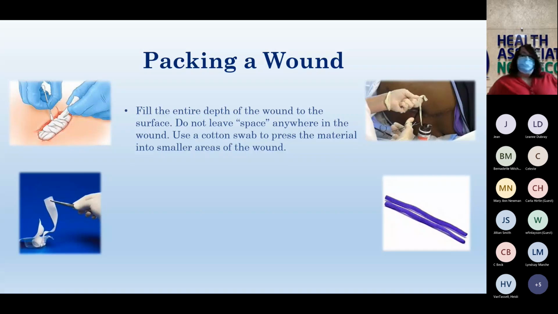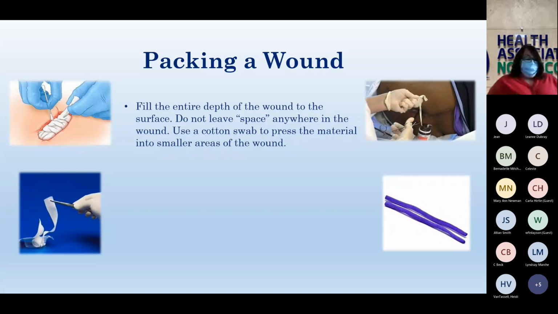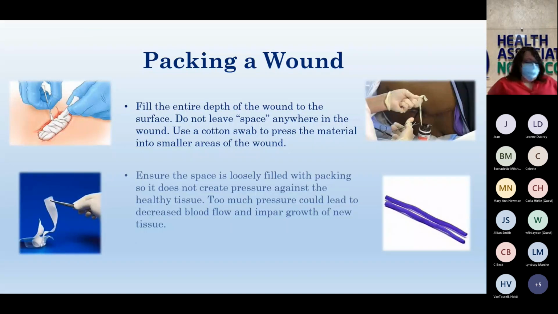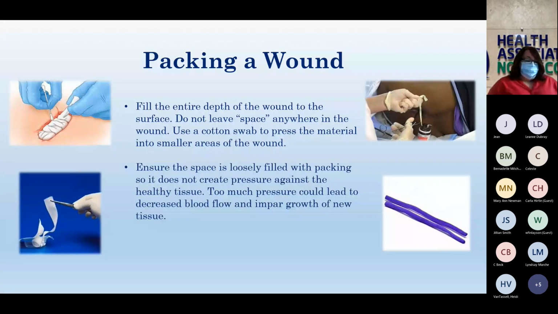So, you're going to fill the entire depth of the wound to the surface. Do not leave space anywhere in the wound. Use a cotton tip applicator to press the material into the smaller areas of the wound. Ensure the space is loosely filled with packing so it does not create pressure against the healthy tissue. Too much pressure could lead to decreased blood flow and impair new growth.